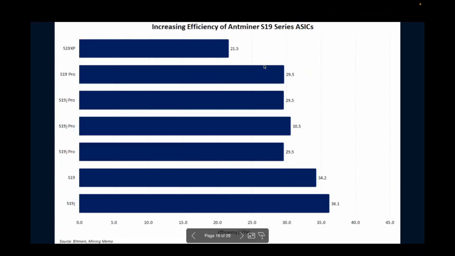And here's a graph showing the efficiency of the Antminer S19 series. So the S19 is basically one of the most recent state-of-the-art ASIC devices, and the efficiency is quantified in joules per hash.